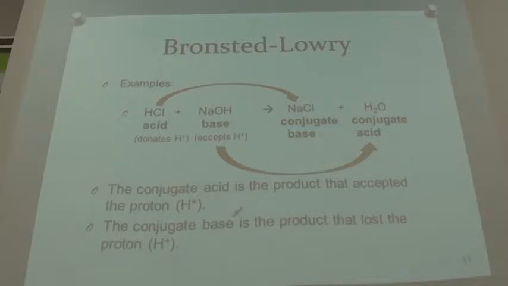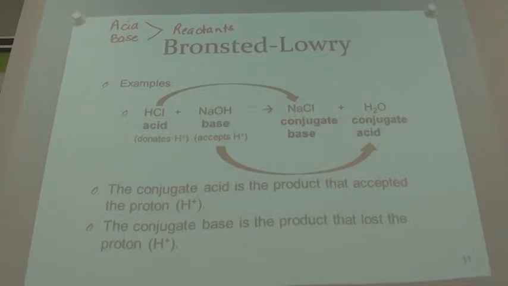All done? So here's something that you need to know. The acid and the base in a Bronsted-Lowry equation are always reactants.